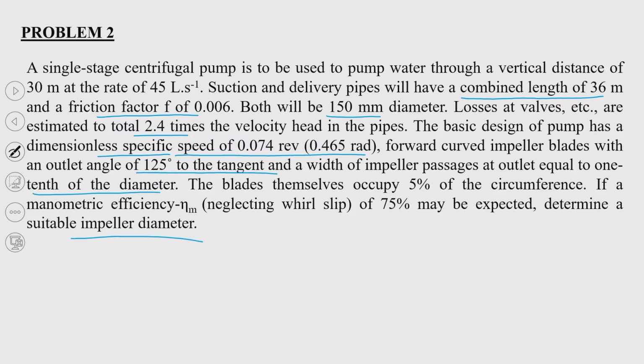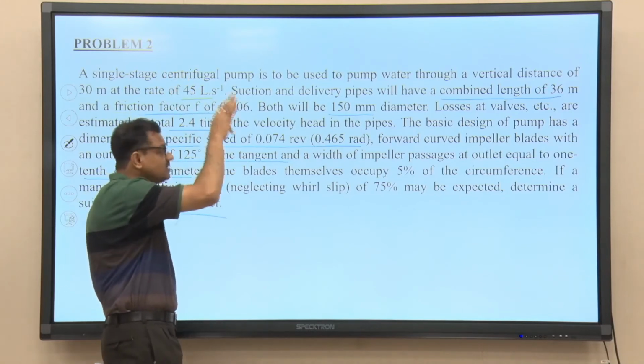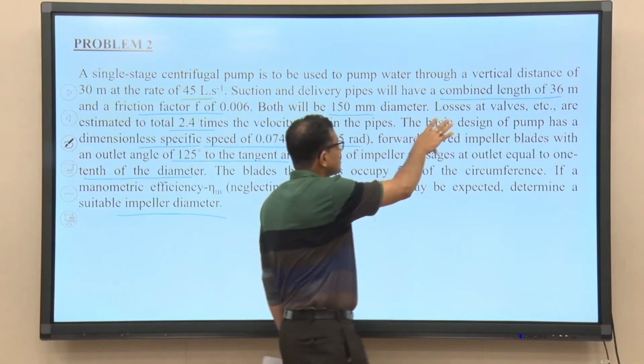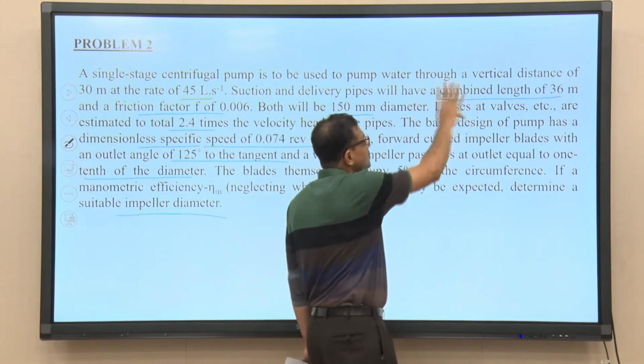So, you can see what we can calculate first. It is given that the flow rate is 50 liters per second, that is what we need to ensure, that the pump will be able to supply water at this rate by overcoming the losses due to friction, losses due to valves etc., and also the static height.